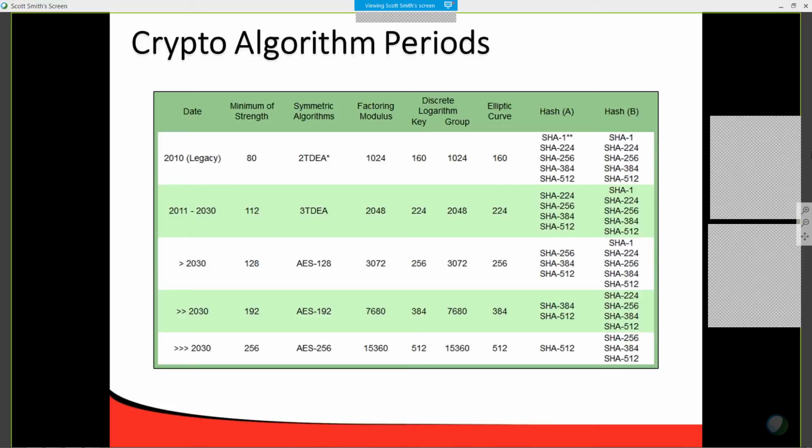Triple DES, that has a 112-bit key, 2011 to 2030. So actually that's already been cracked. AES 128, probably 2030. AES 192, much greater than 2030. AES 256, much greater than 2030. I don't know what they mean by that, but at the time of this writing, that's when it would be correct.